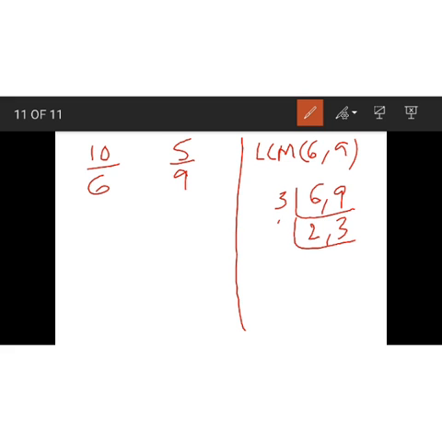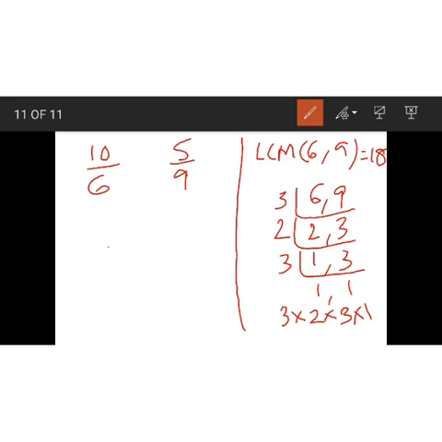Now, we can divide by 2, and we write 3 here itself. Now, do it with 3. So it will be 1 and 1. So our LCM for 6 and 9 is equal to 3 into 2 into 3 into 1. 3 2s are 6, 6 into 3 is 18, 18 into 1 is 18. So our LCM is equal to 18.